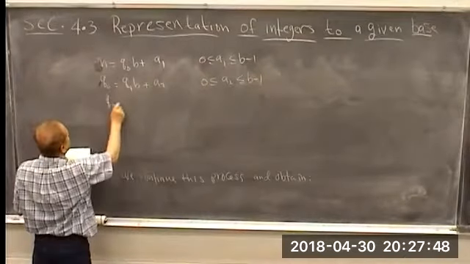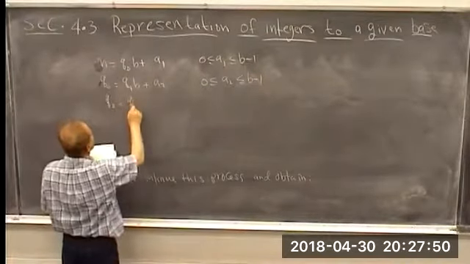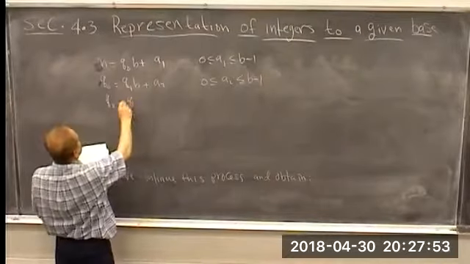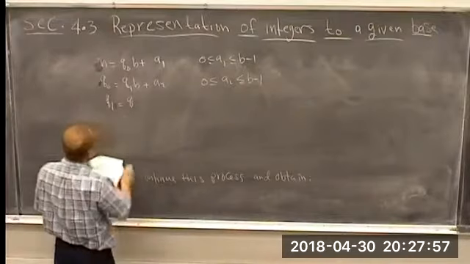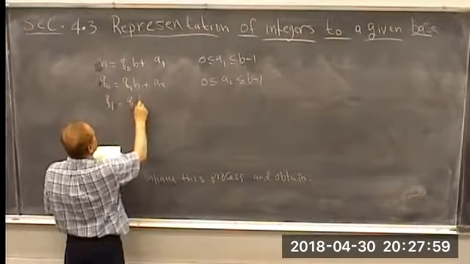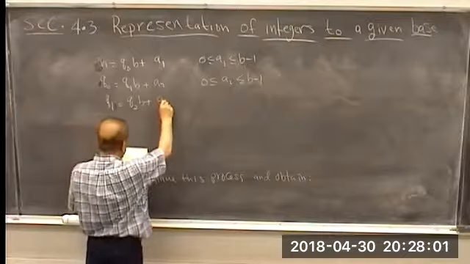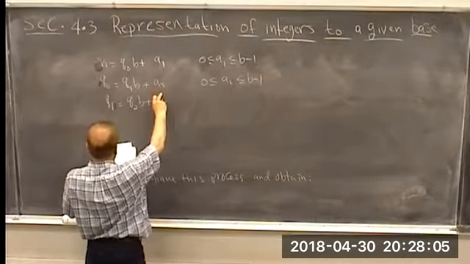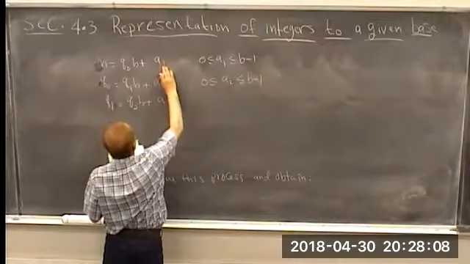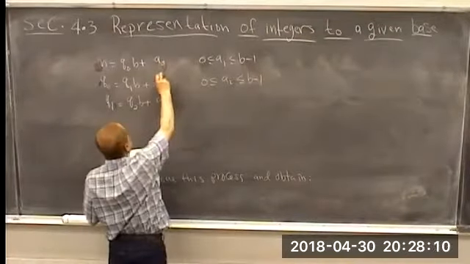The q2 is going to be, actually q1, it's going to be b q sub 2 b plus a. Let me see in here. How about if I call this a sub 0? Let me call this a sub 0.